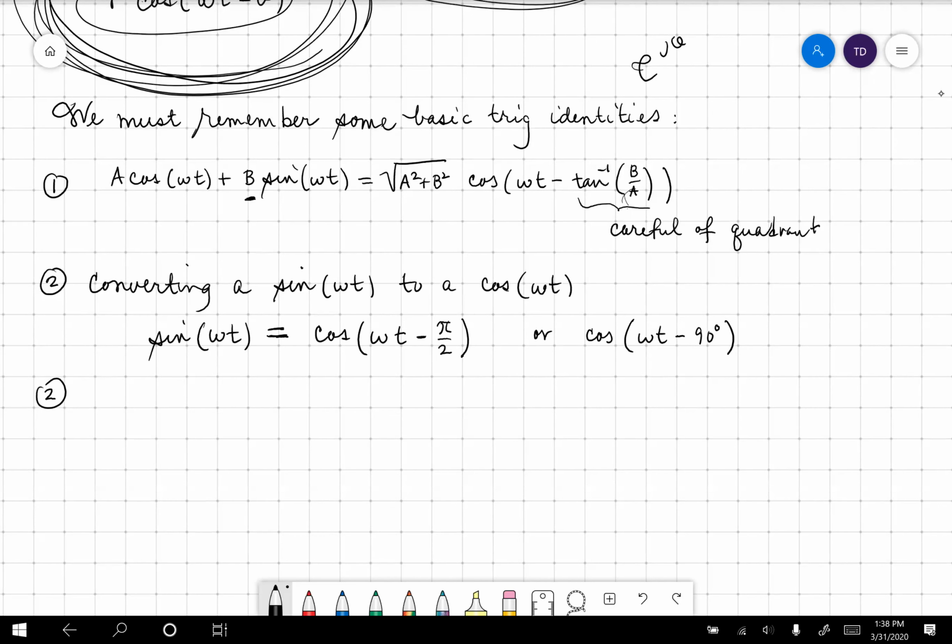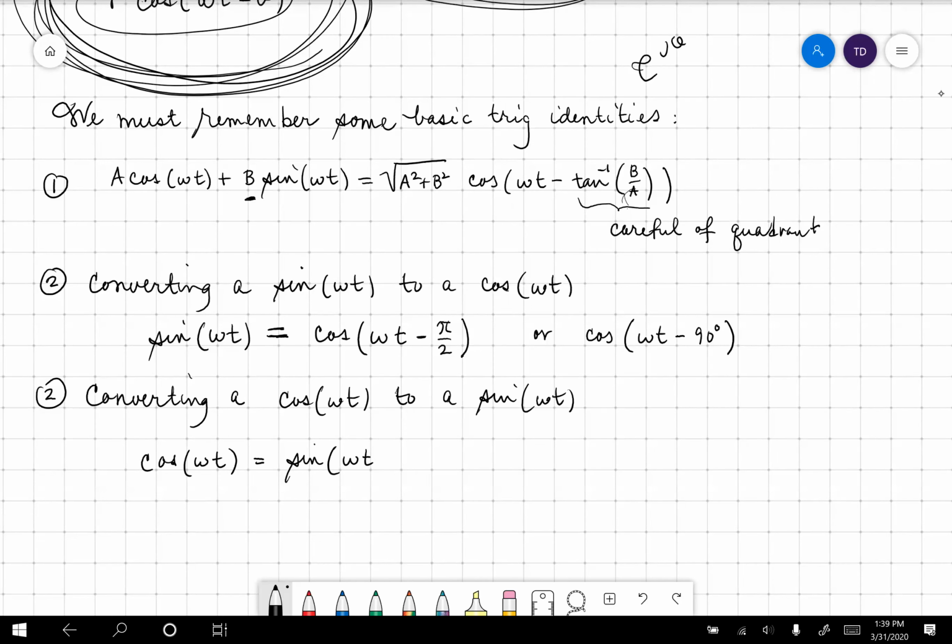Going the other way around. So that's converting a sine to a cosine. How about if I convert a cosine to a sine? How do we do that? So I want cosine omega t on this side. What is it equal to if I convert that to a sine? It's equal to the sine of omega t plus pi over 2.